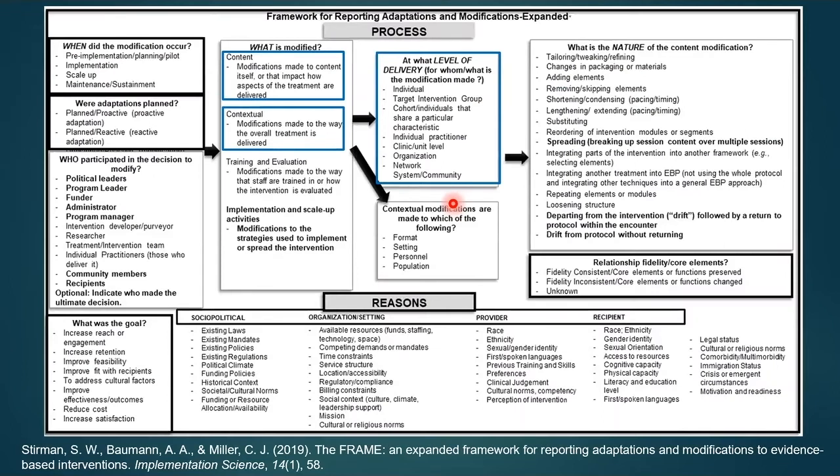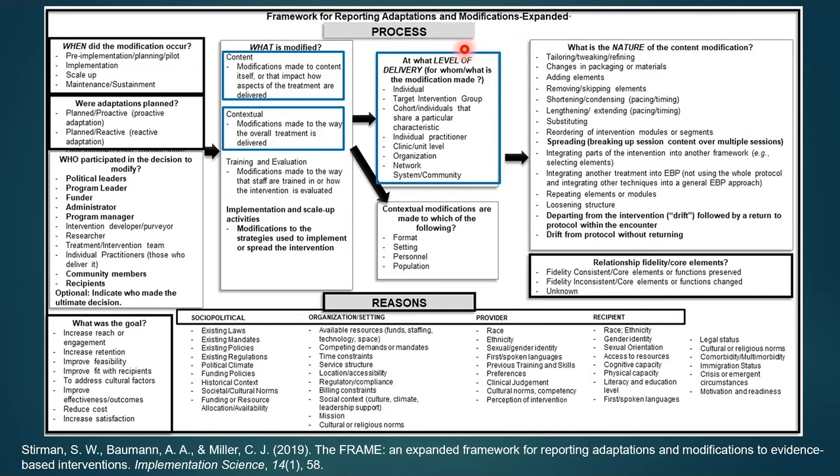So what I have here is a very complicated slide, and the main take-home message is, if you are to adapt, and we might basically assume that we all will in implementation studies, and even that we all should, the most important thing is to record what the adaptations are, when they occurred, and to what extent.